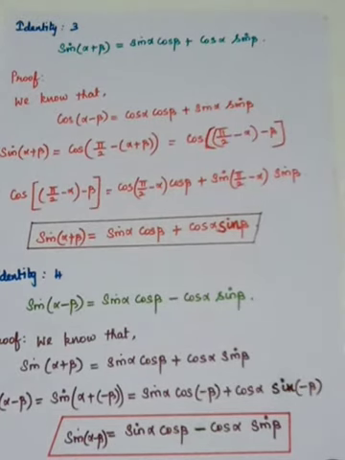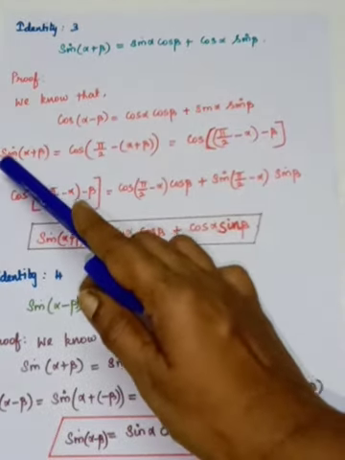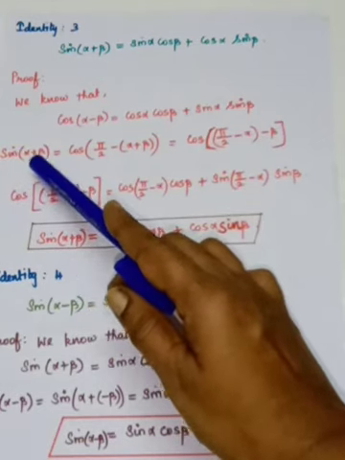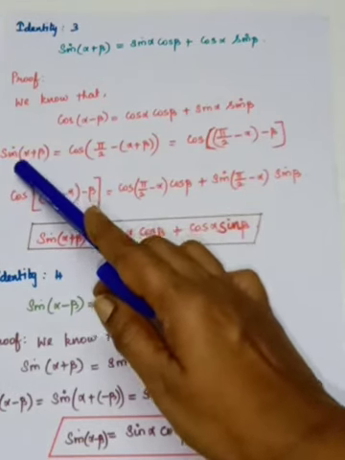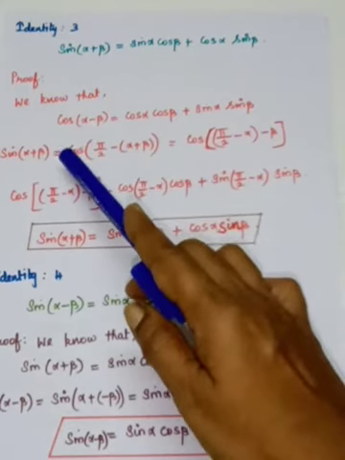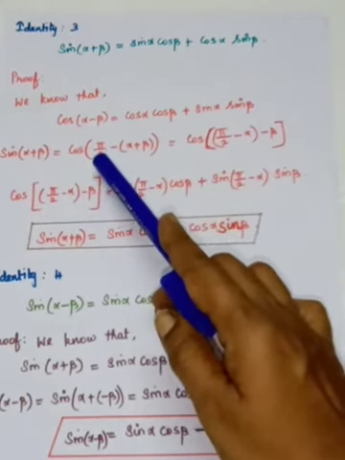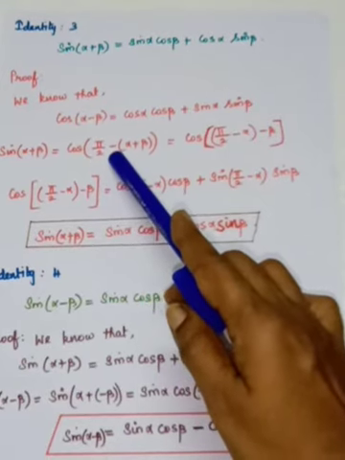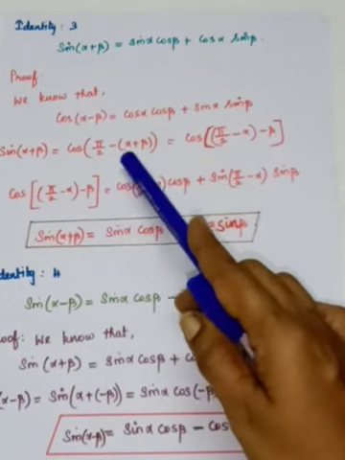Take that identity. We only have to prove sin of alpha plus beta. Sin theta can be written as cos of 90 minus theta, so cos of pi by 2 minus, where theta is alpha plus beta.